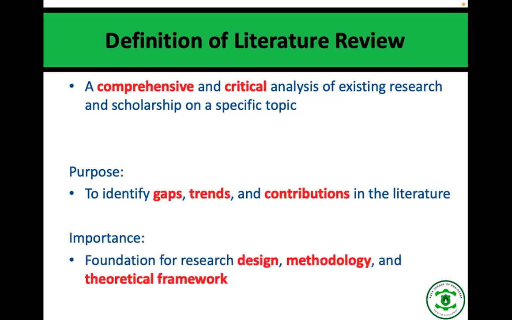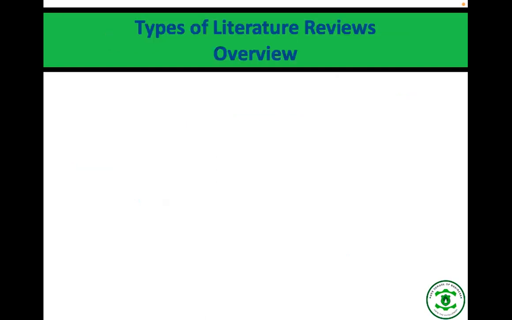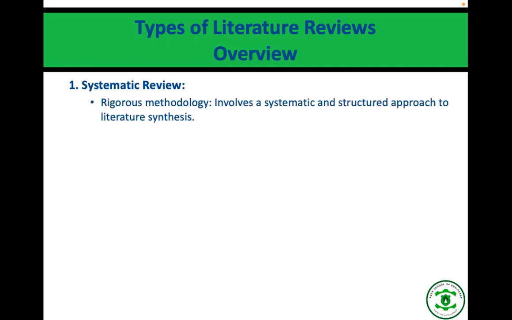Okay, so let me skip this a bit. I already indicated that it will serve as a foundation for the design of our research, the methodology, and the theoretical framework. Now, the types of literature review. What are the types? Some of you may have heard this, systematic review. And that's what Mr. Hardy was mentioning. Systematic review. What does it involve?